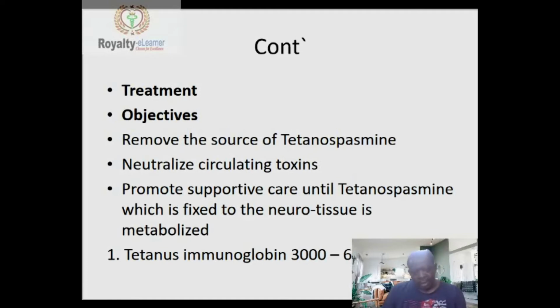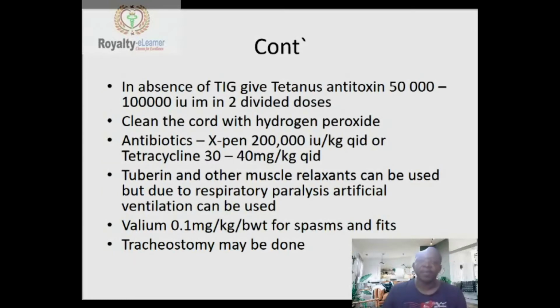There is an immunoglobulin known as tetanus immunoglobulin, which is given at 3,000 to 6,000 international units IM to help neutralize the tetanospasmin. In the absence of tetanus immunoglobulin, tetanus antitoxin, 50,000 to 100,000 international units intramuscularly, can be given in 2 divided doses.